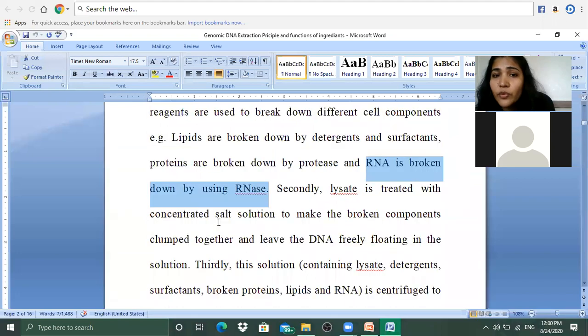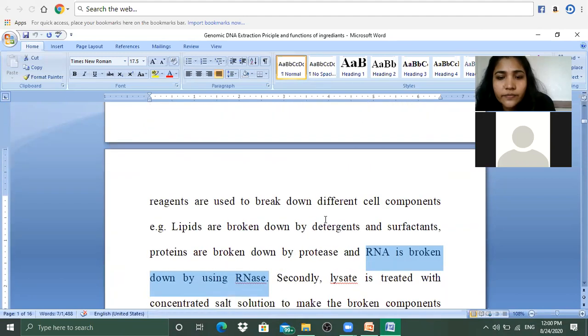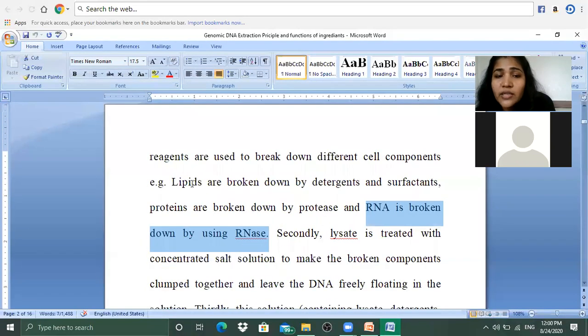So firstly, you will be breaking down the lipids, proteins, and RNA. Secondly, you will be treating that lysate with the concentrated salt solution so that all the cell debris will be clumped.